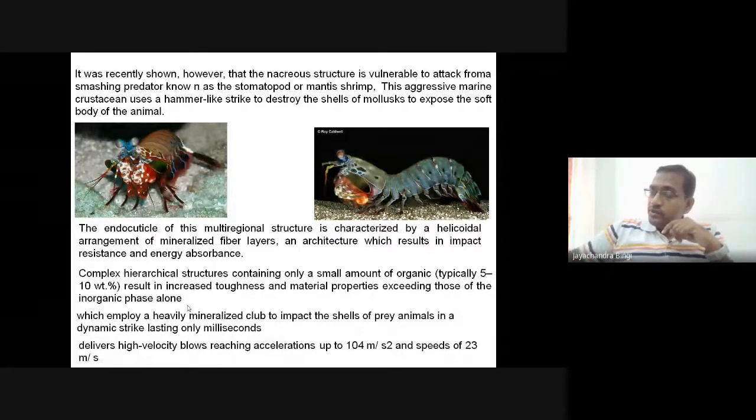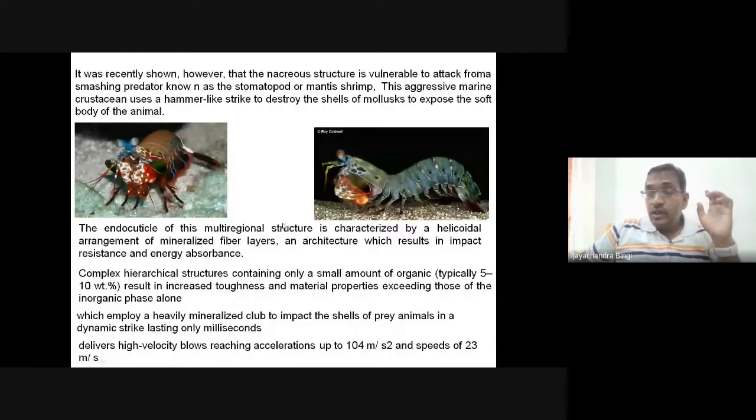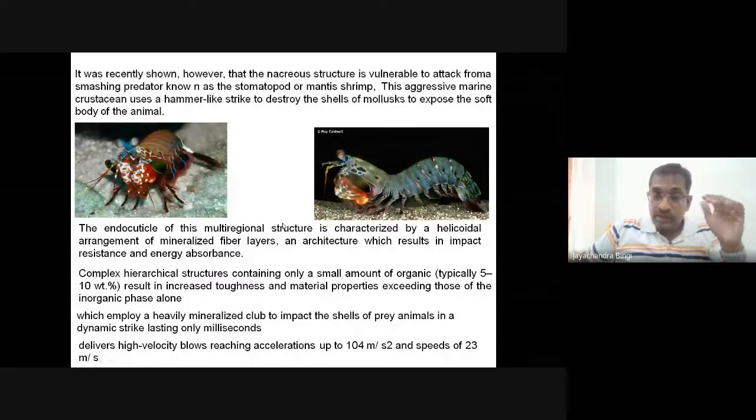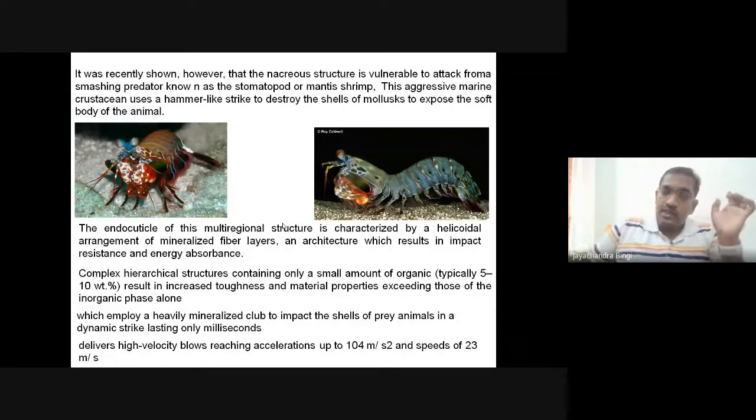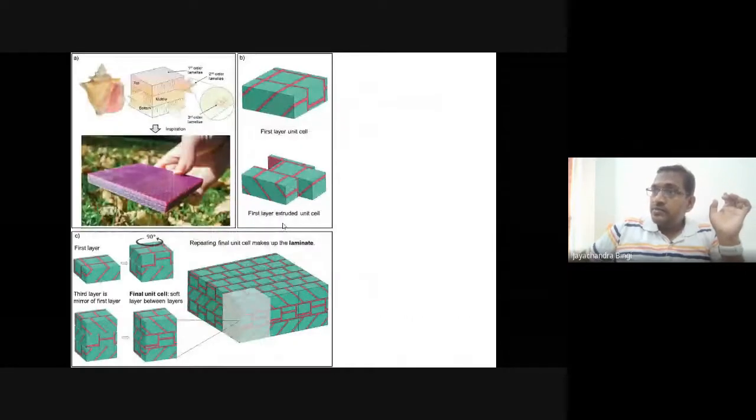Because if you see this particular structure, this is like a punch, almost like our fist. The architecture of this structure is very strong, even stronger than the nacre shell, which until that point they were considering the strongest material, because I have shown you the nacre shell previously.